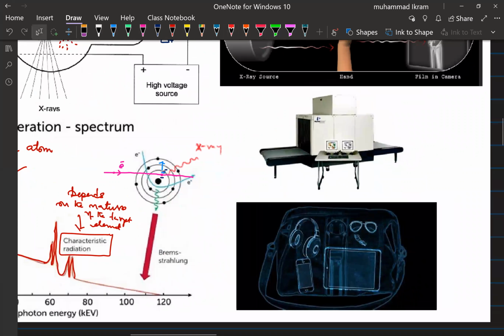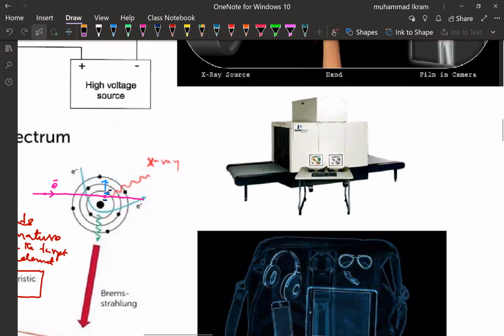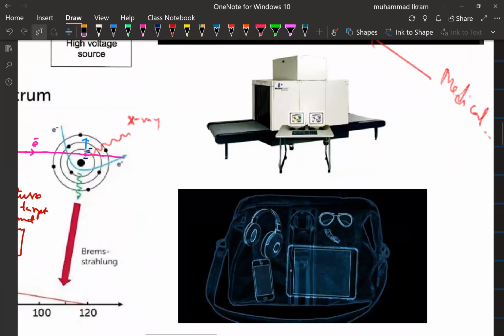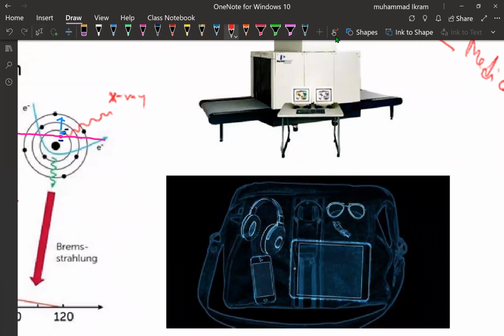X-rays have a lot of applications in our daily life, besides the medical application which I told, to find fractures in the bones or any other abnormalities in the body. This is why we use X-rays in the field of medical sciences. There are a lot of applications in industry and for security checkups. For example, look at your baggage as it passes through the security checkpoint.